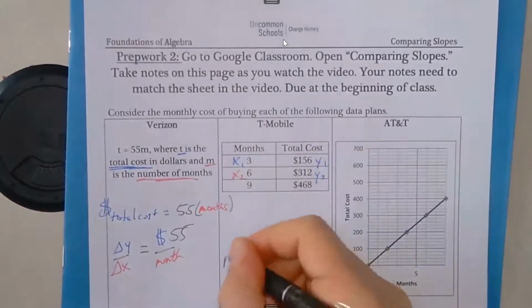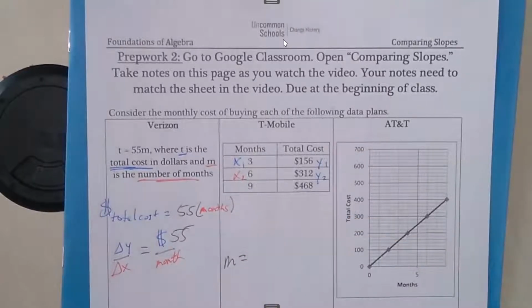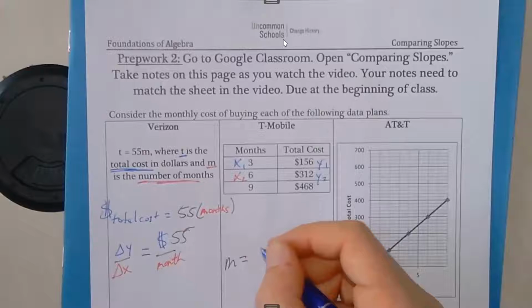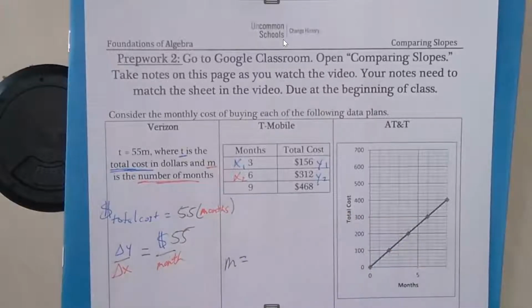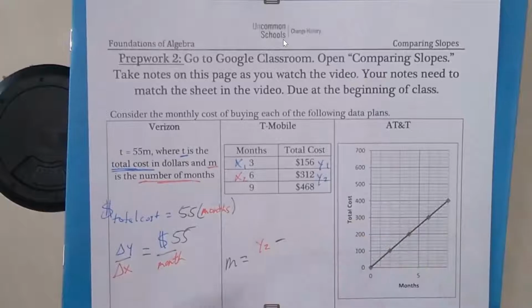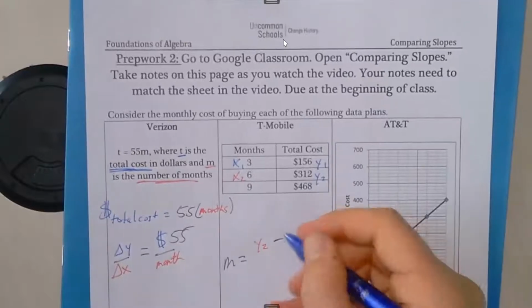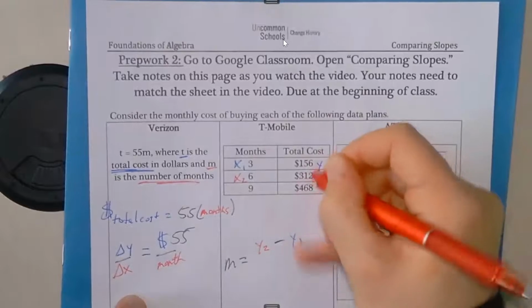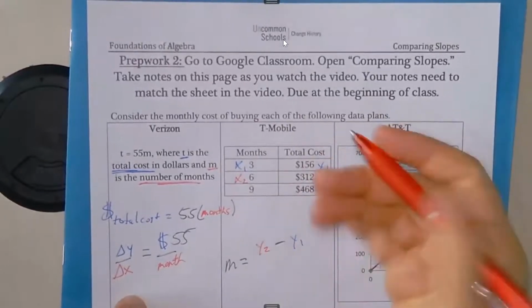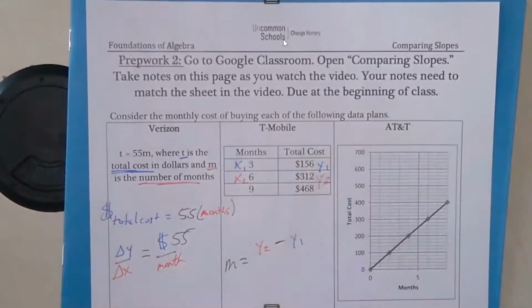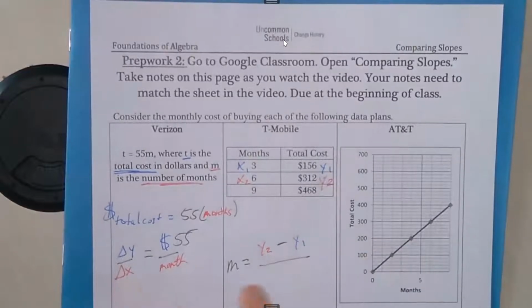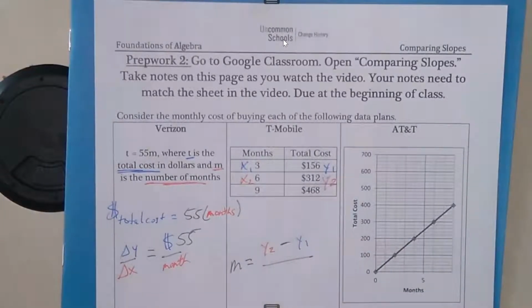And remember that slope m equals the change in y, that's y2 minus y1, divided by the change in x, the difference in x.